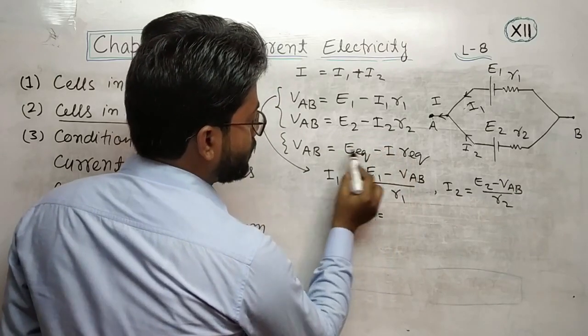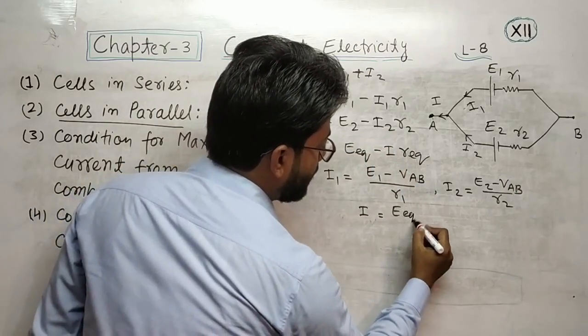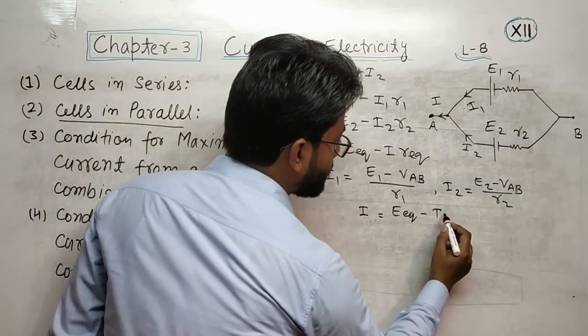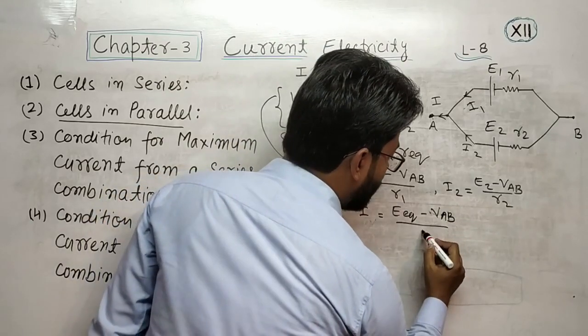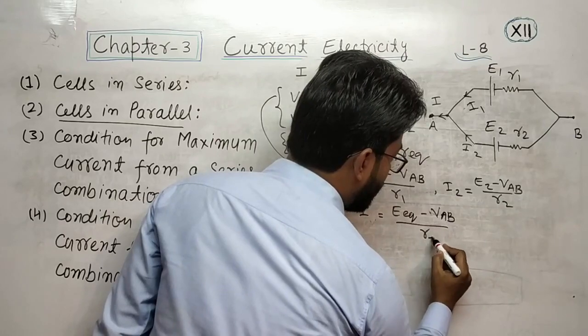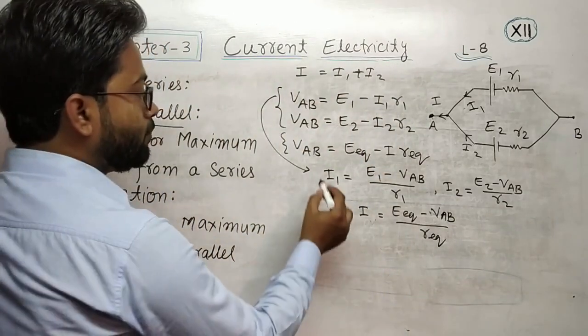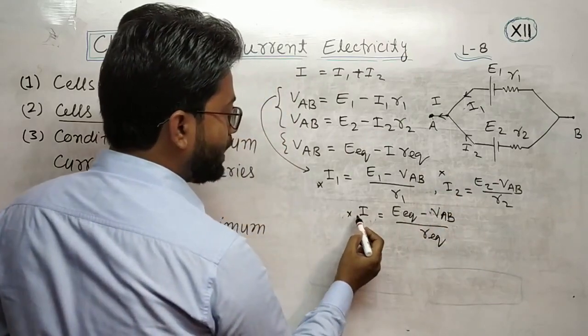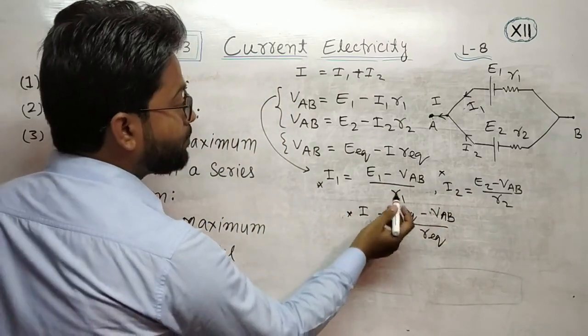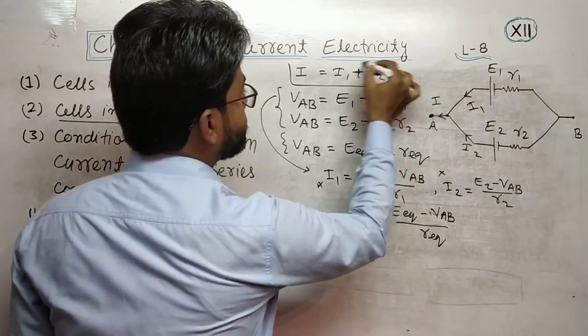I will be equal to E equivalent minus V AB upon R equivalent. Put this value of I1, value of I2, and value of I in this equation.